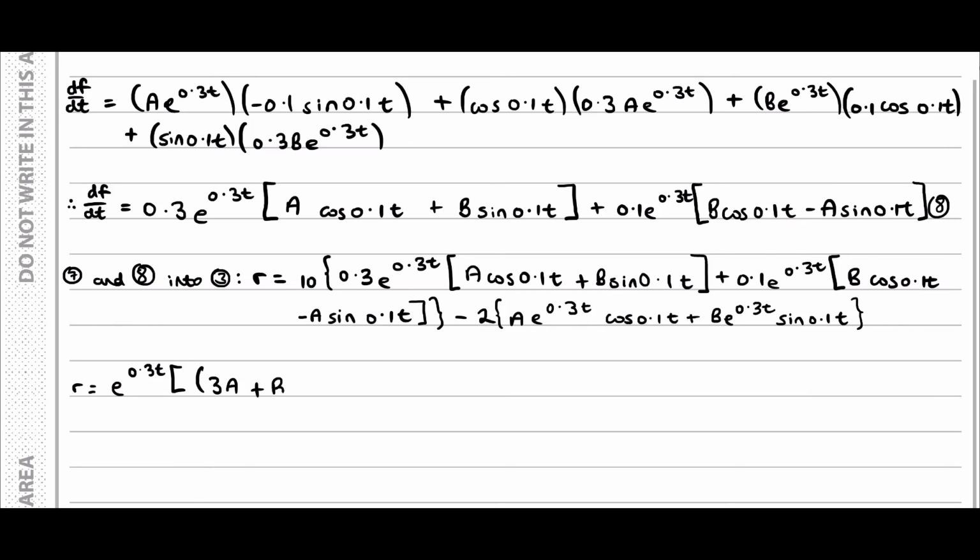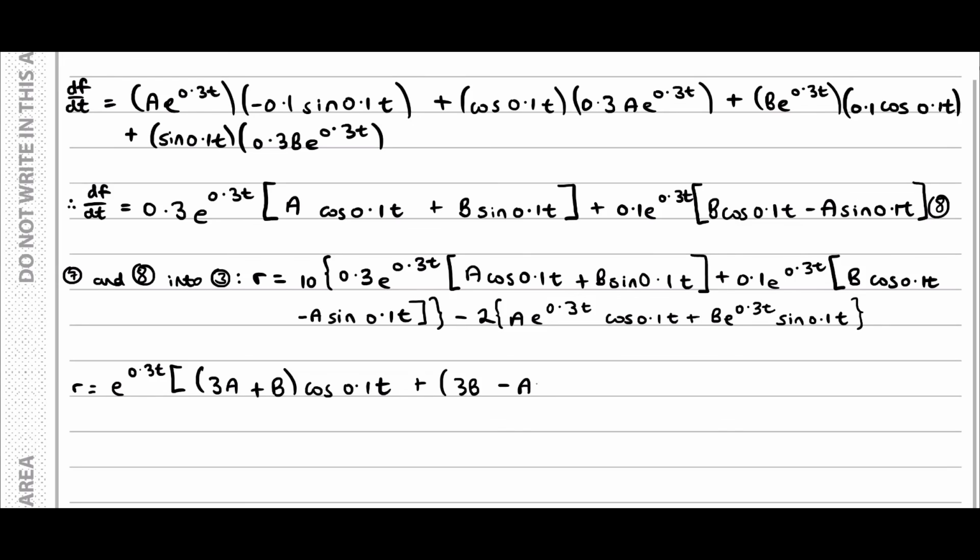So we have 3a plus b lots of cos 0.1t, and then in terms of the sines, we have 10 times 0.3 times b, so we have 3b, and then we also have 10 times 0.1 times minus a, which is just minus a.